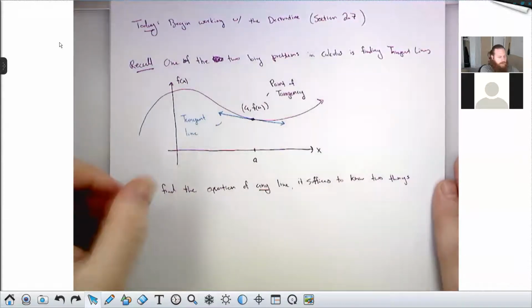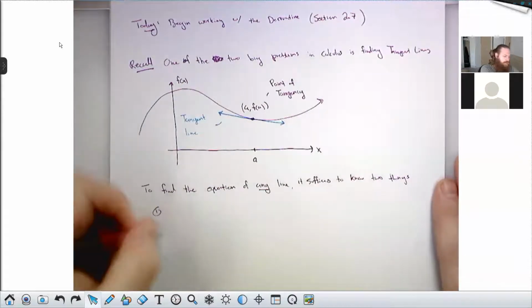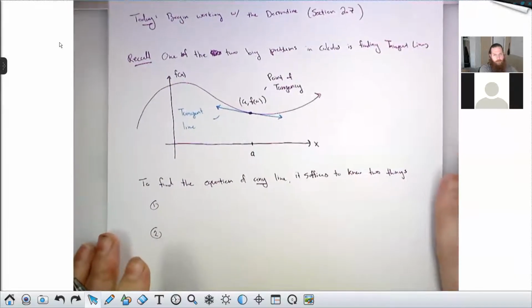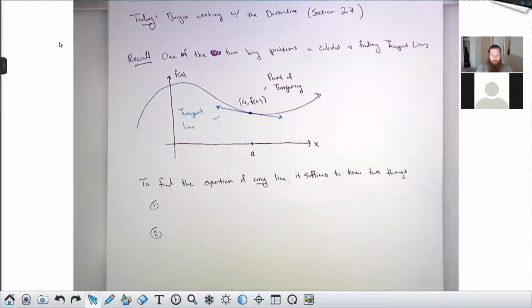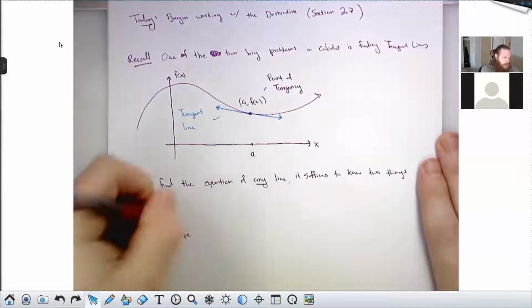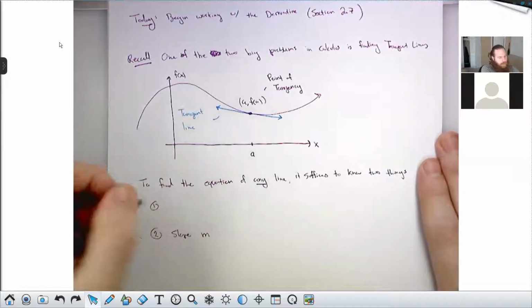What two things do I need to find the equation of any line? The slope. Definitely need the slope. And what else do I need?